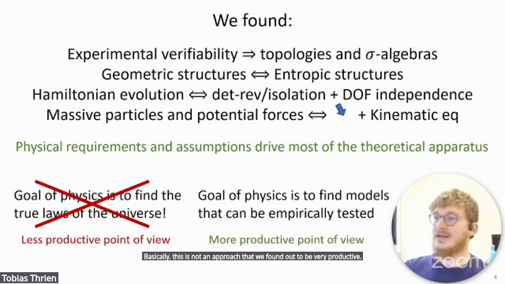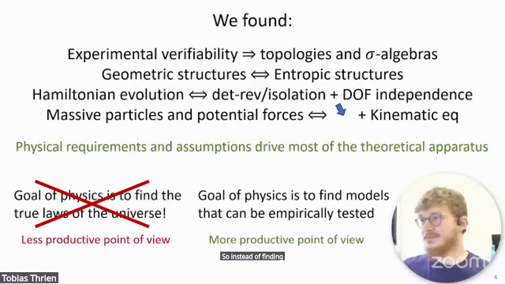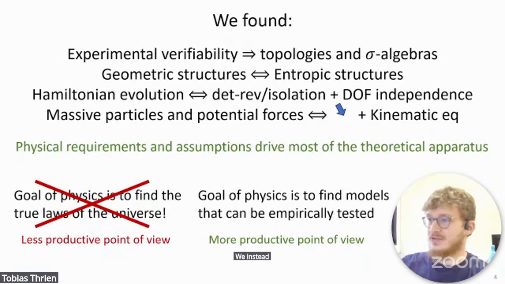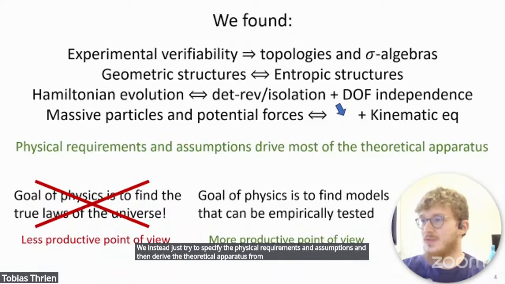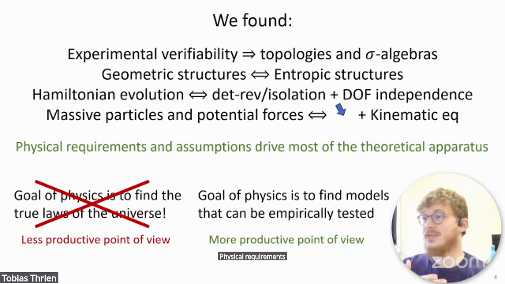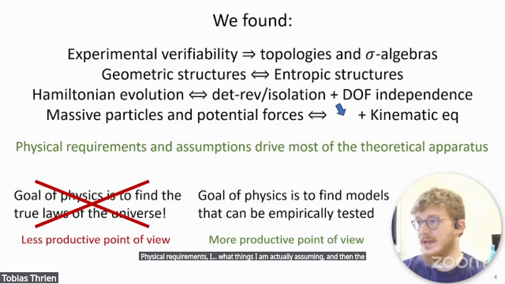Instead of finding a theory of everything, we try to specify the physical requirements and assumptions, and then derive the theoretical apparatus from that. I don't need to know what is truly going on. I just need to make precise what physical requirements, what things I am actually assuming, and then the mathematical structure will follow from that.